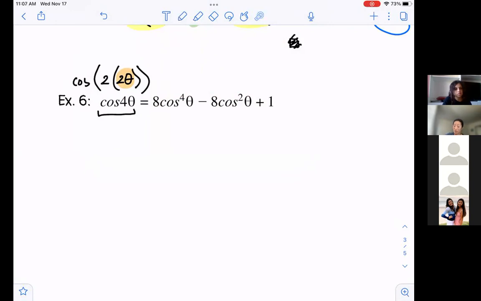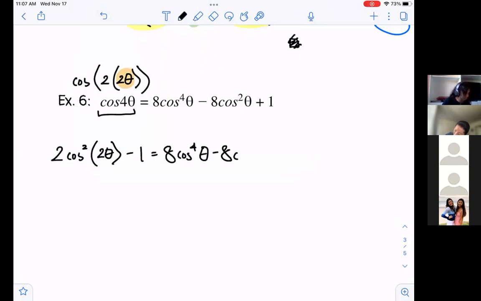Yeah, in particular, a double angle identity. Great.